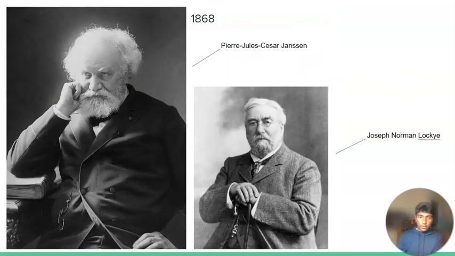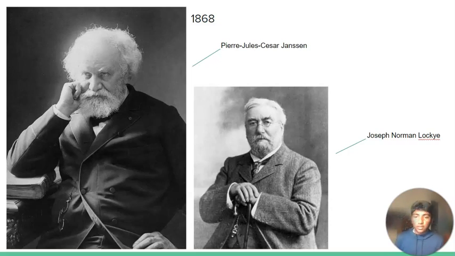French astronomer, sorry if I pronounce this wrong, Pierre Jules César Janssen first observed the element that we call helium while seeing a total eclipse in 1868. This French astronomer saw a yellow line across the sky.